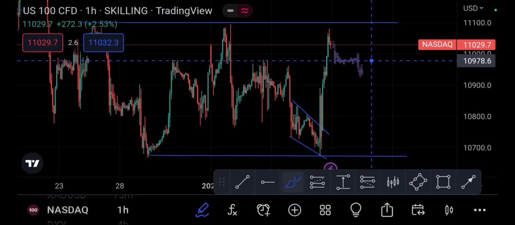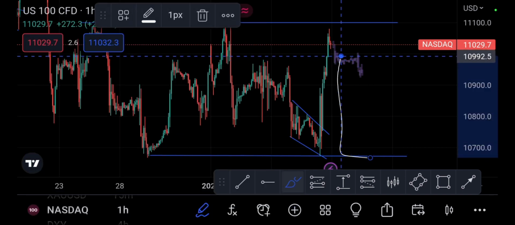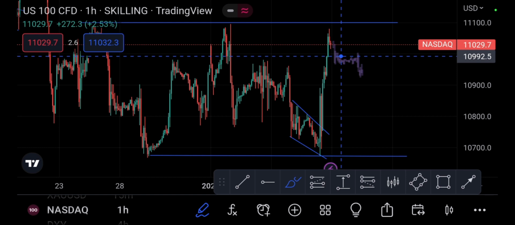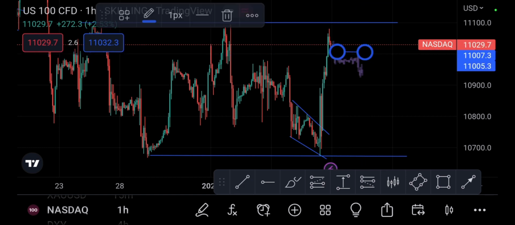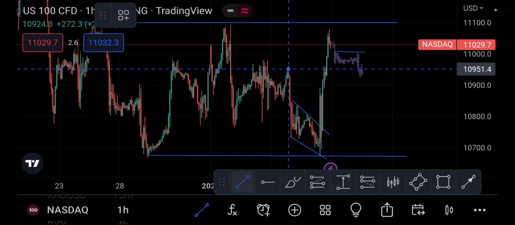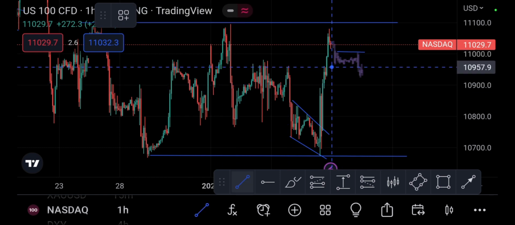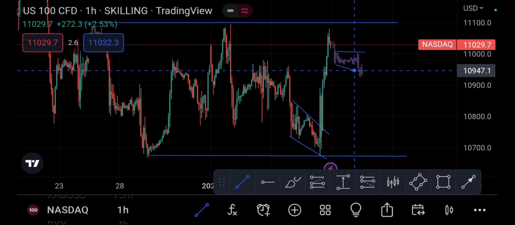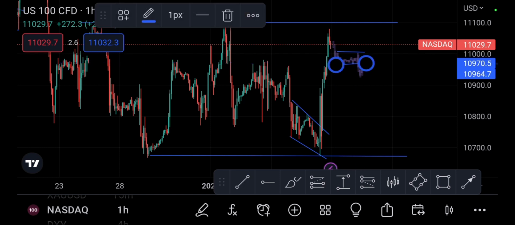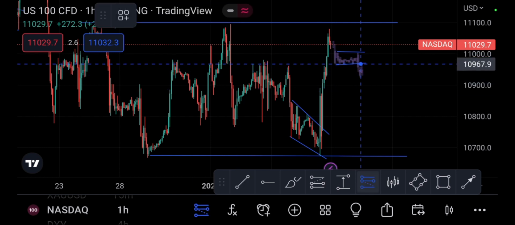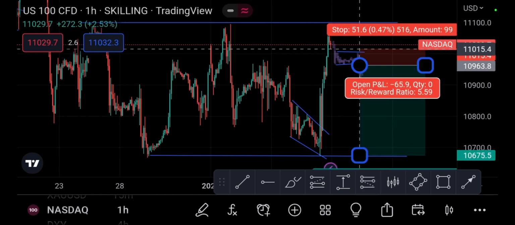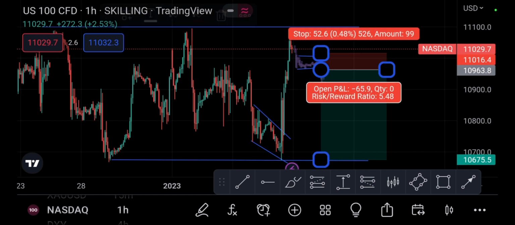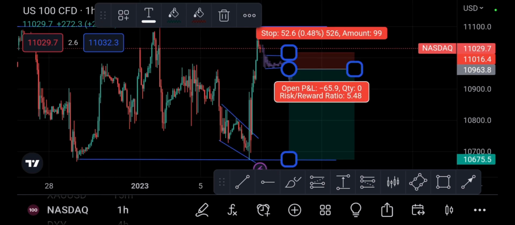Now, oh my goodness, what's going on? Let me use this. Yeah, I want to use this continuation pattern. And whatever is gonna happen, I want us to be ready to capitalize on this trade, right?